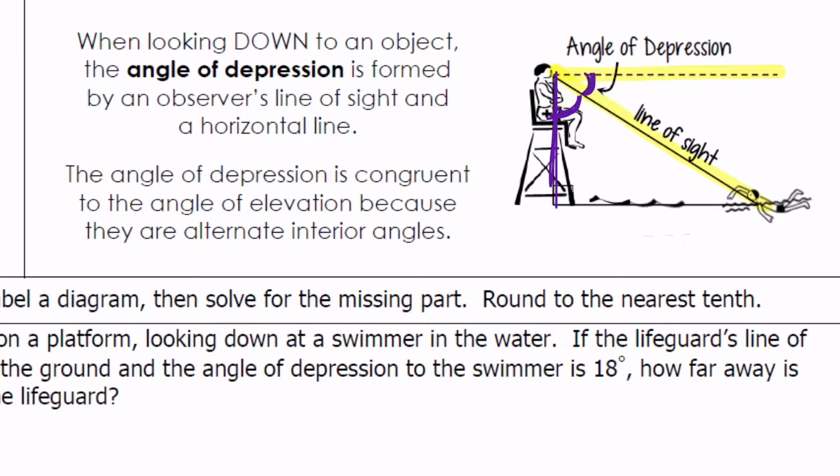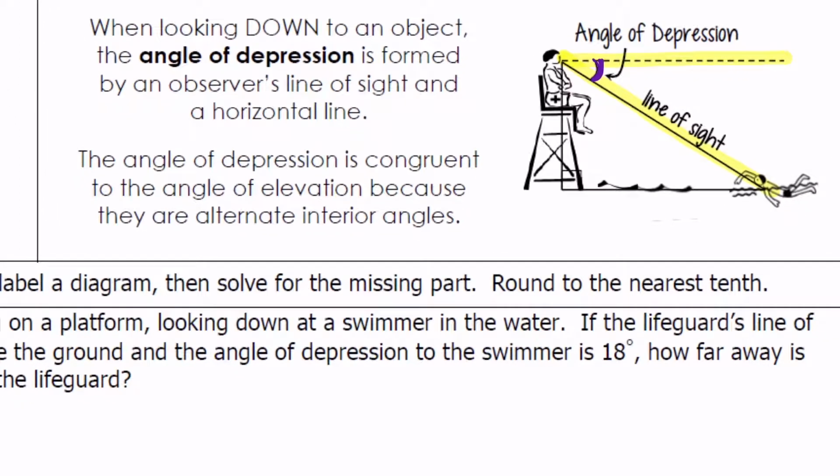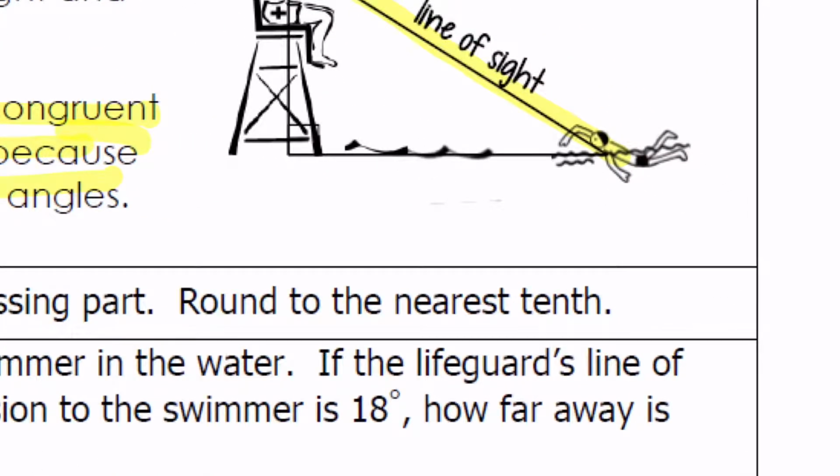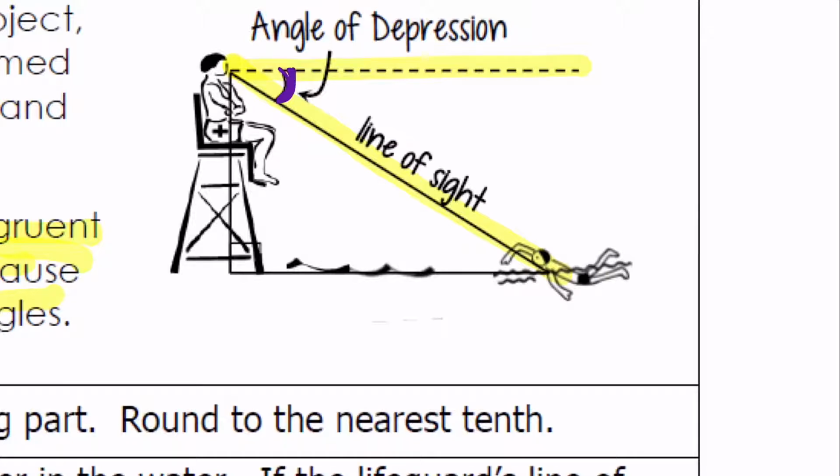This is a vertical line forming with the observer's line of sight. We don't want the vertical side. So the angle of depression is congruent to the angle of elevation because they're alternate interior angles. Notice when you create this horizontal line that forms your angle with the observer's line of sight, it forms a line that's parallel to the horizontal distance from the observer to the object.